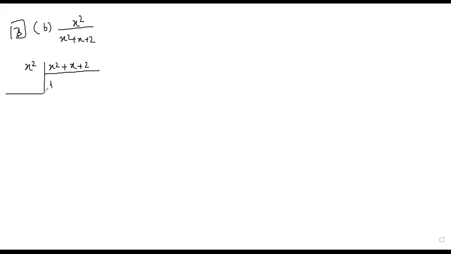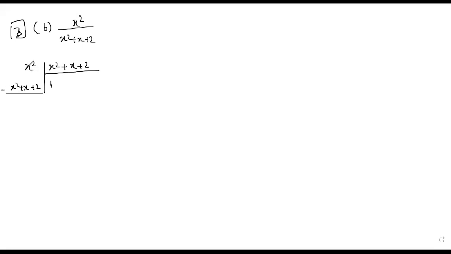Now question 3, part B. We're given x squared over x squared plus x plus 2. For that, we will use polynomial division. If we multiply this by 1, we get x squared plus x plus 2.